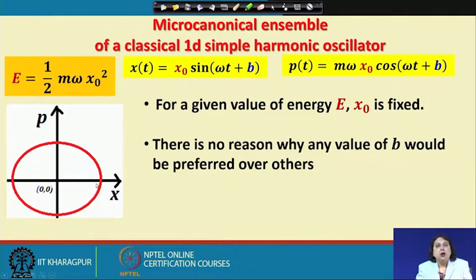Okay. Now, there is no reason why any solution x and p of this equation of motion would prefer some particular value of p or the other.